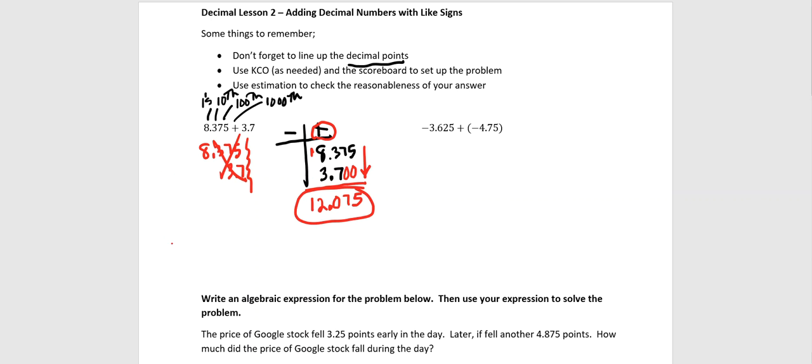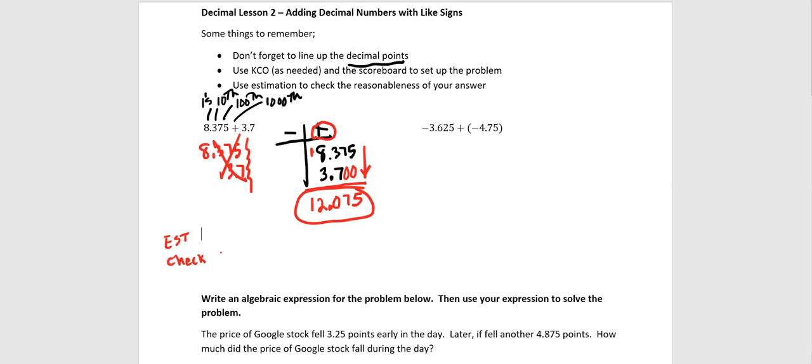If I want to check that with my estimate, well, here's my estimated check. I'm just going to do that down here. And don't forget, we did that by way of rounding these decimal numbers to the nearest integer. So 5 and above, you round up. Below 5, you round down.